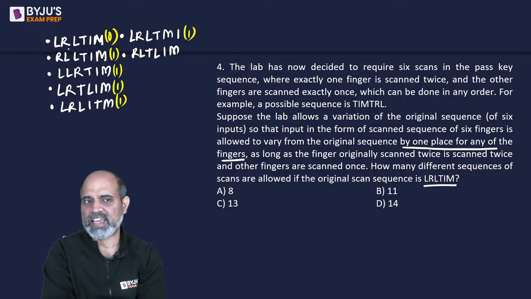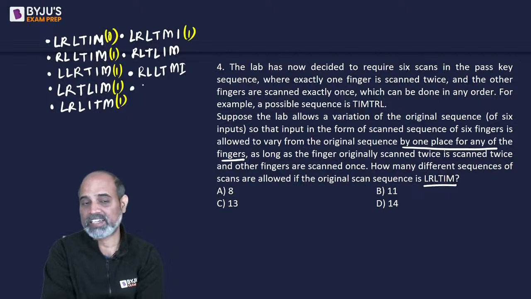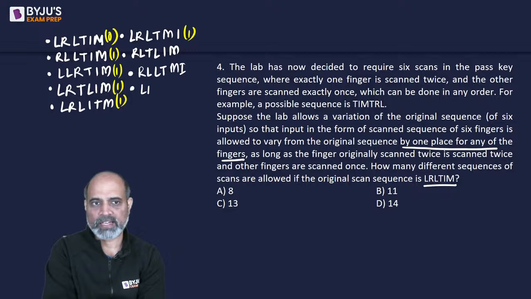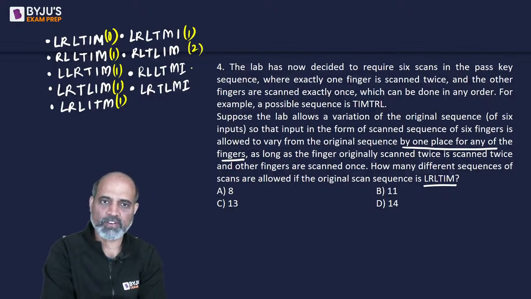What if I interchange LR and IM? LR and IM is going to give us RL, LT remains there, and IM will become MI. Next, what if I interchange LT and IM? So I will get LR, TL, MI. So these are the cases where we have interchanged 2.